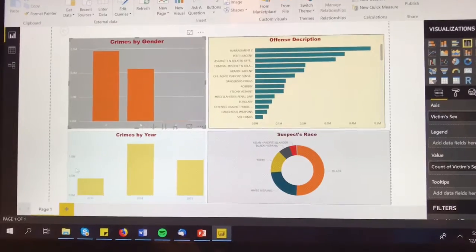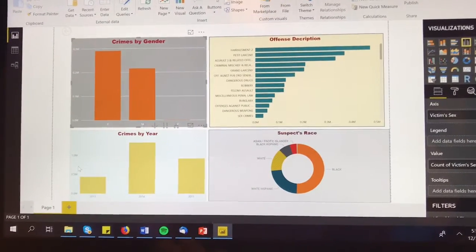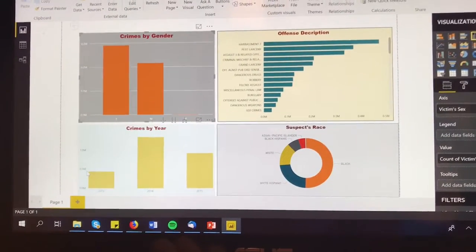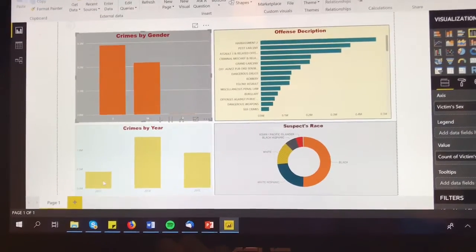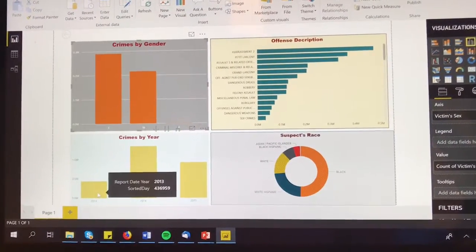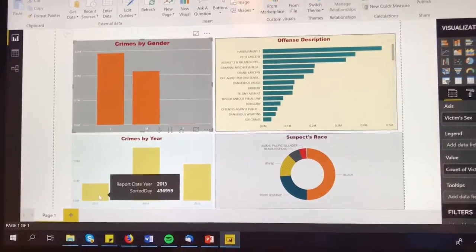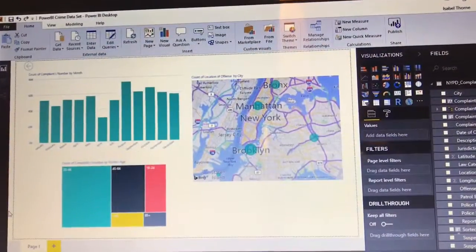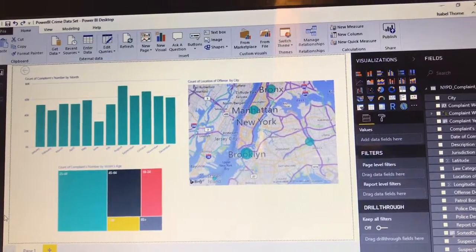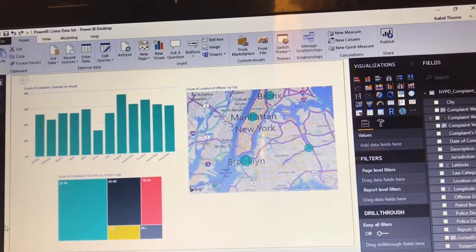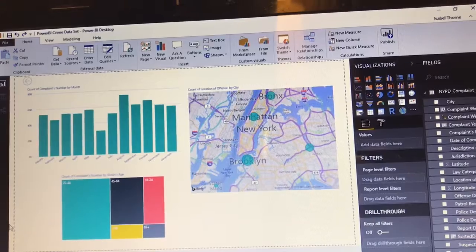Our next question was how many crimes occurred in the year 2013. So as you can see here, in 2013, 436,959 crimes were committed.